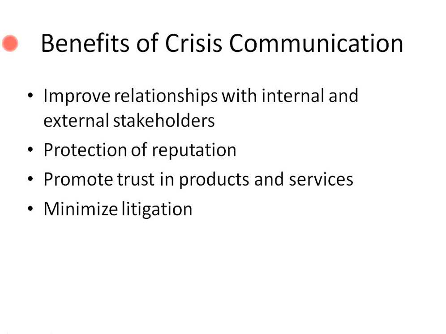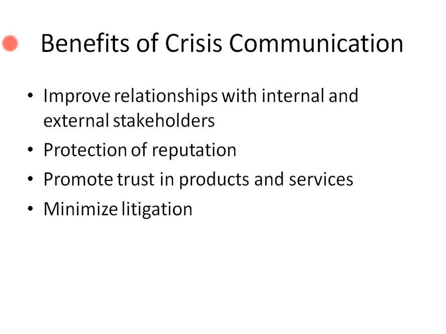Obviously, the benefits are improved relationships with internal and external stakeholders, helping protect reputation, promoting trust in products, and ultimately, hopefully, minimizing litigation in the process. People are going to feel okay, they're handling it, and there's less likelihood of that. If you treat people well in the beginning, they feel like they're being respected. This even goes to work comp claims or other types of things.